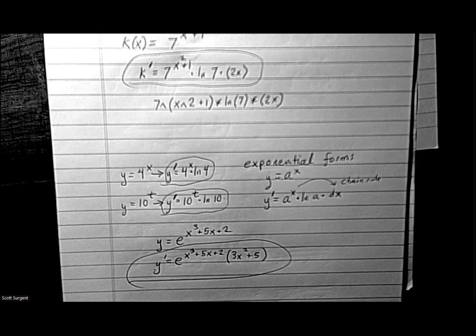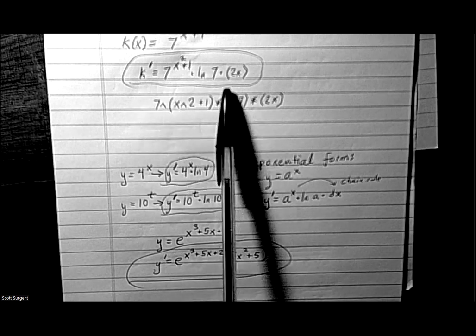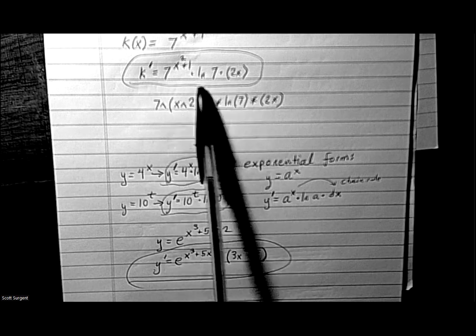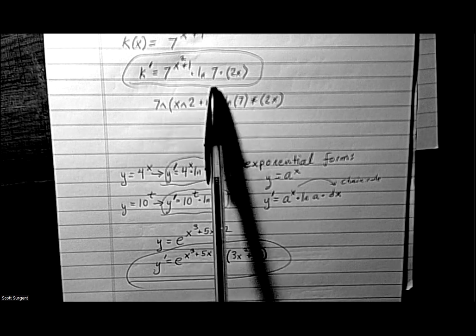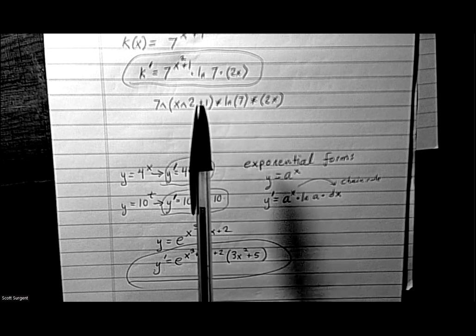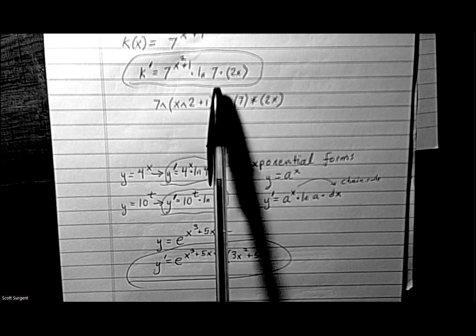On the ln 7 times the 2x on your final answer, on the last one right above, can you also write that as 2x ln 7? Yeah, of course, as long as you're careful with your syntax. You want to make sure that the computer understands this, because computers, ironically, are dumb, aren't they?